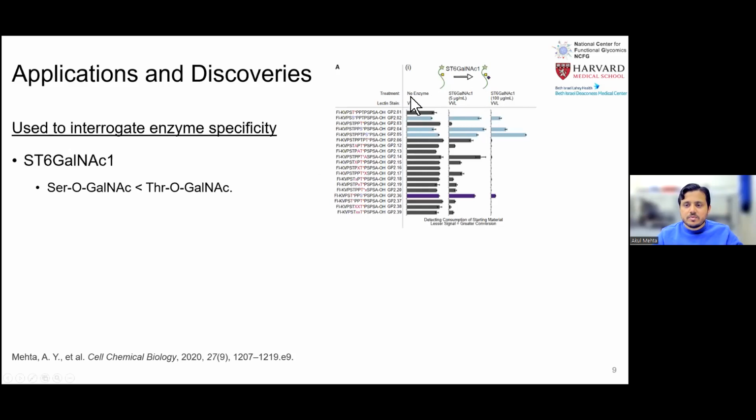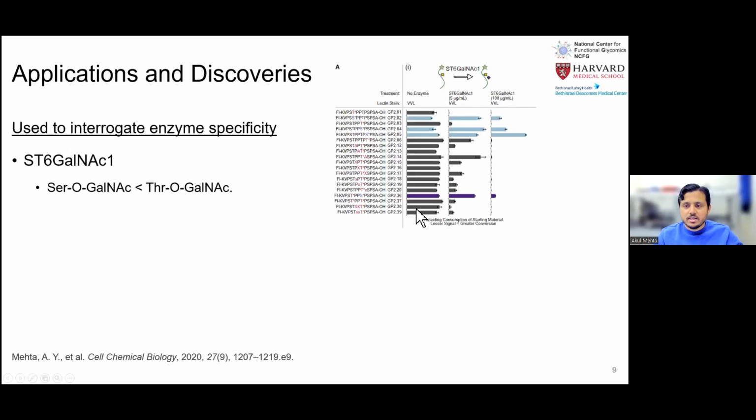And what we did was we took the same microarrays, and then we either had no treatment with enzyme, or we treated it with the enzyme at increasing concentration, and we did lectin staining with VVL. Now this VVL lectin recognizes this GalNAc.